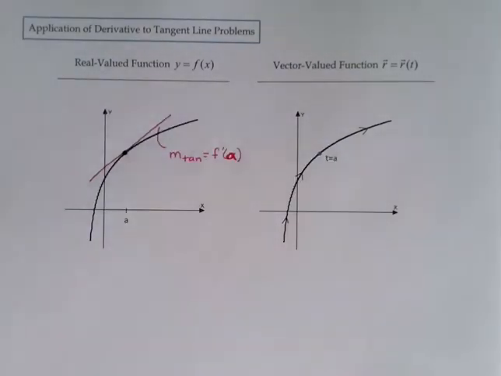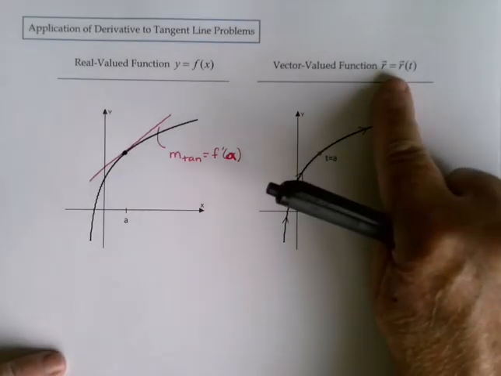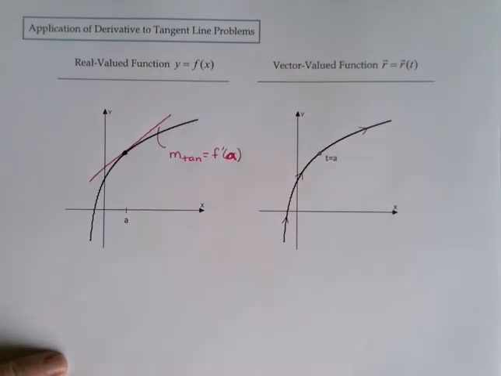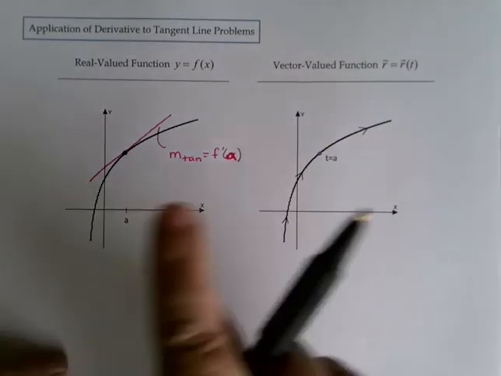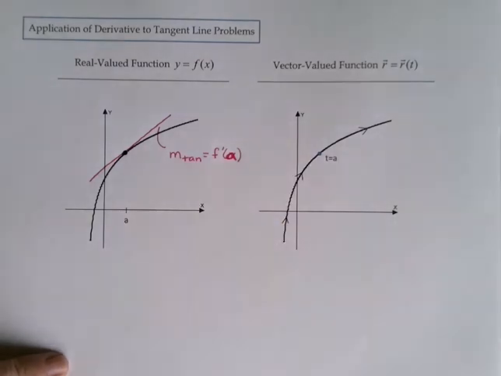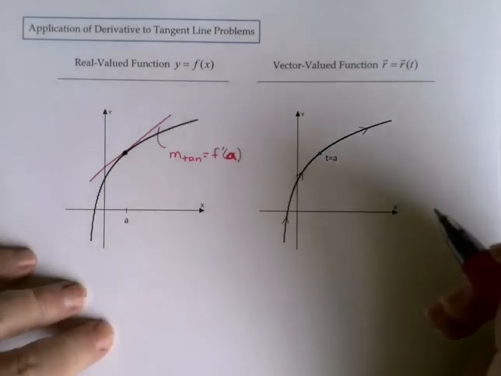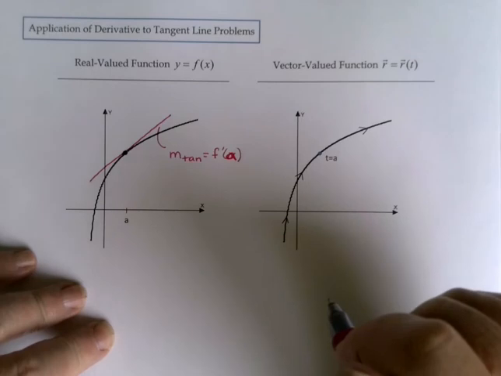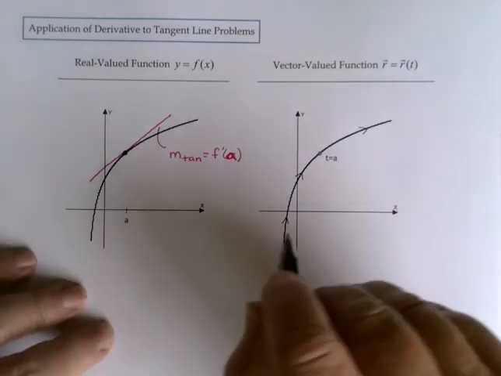We have a similar interpretation for the derivative of a vector-valued function. So if I've got a function r equals r of t, notice that I've got a curve now that's a directed curve because it's a vector function. And I'm looking at this point t equals a. If I take and draw not a whole tangent line, but just a tangent vector, the tangent vector will point along the same direction of motion as the original curve.